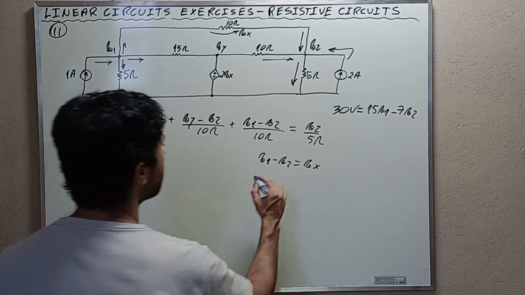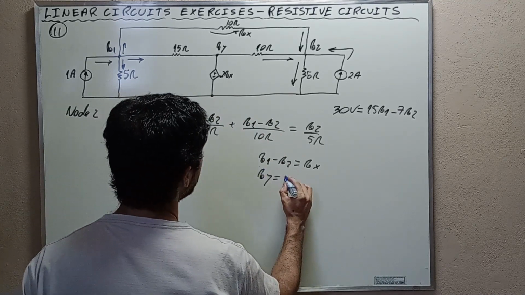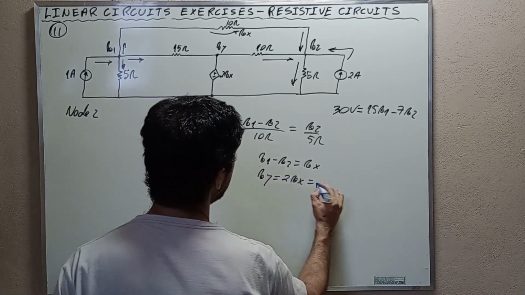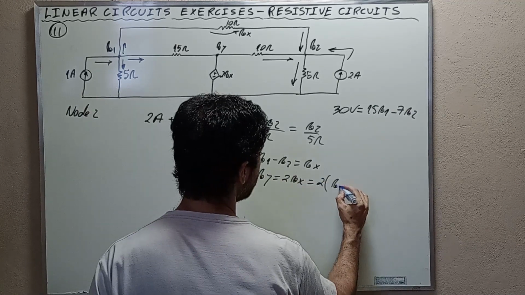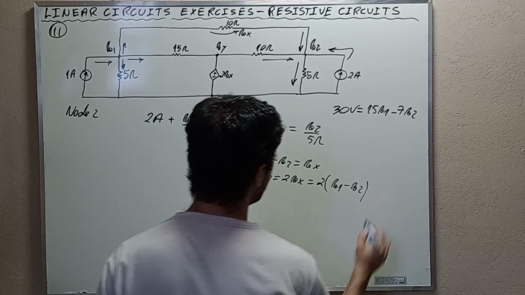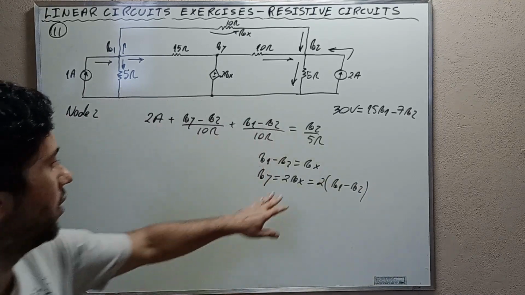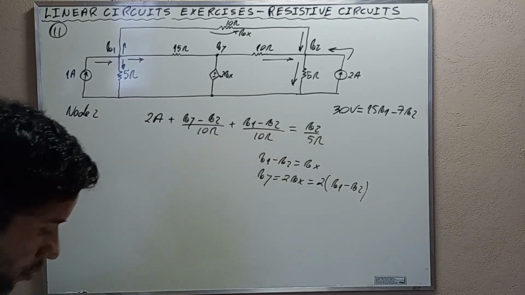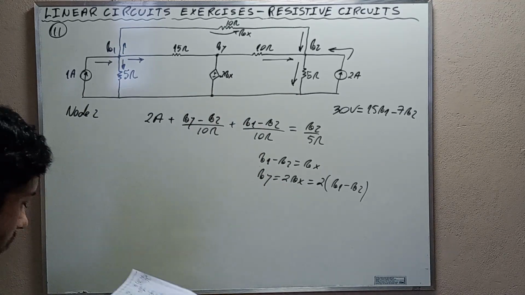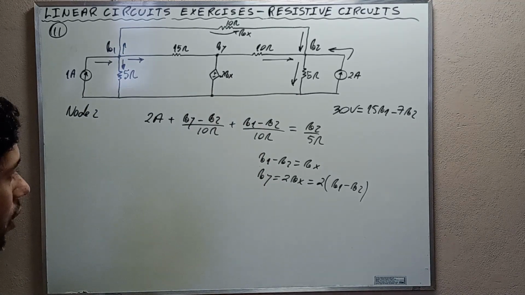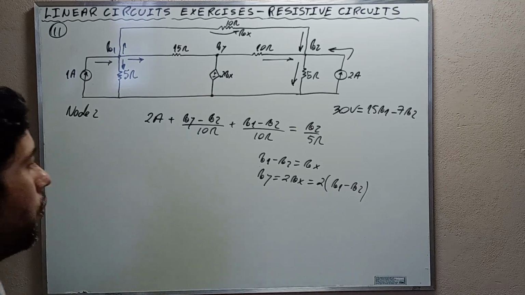Then Vy is equal to 2 times Vx, and 2 times Vx is V1 minus V2. We are going to use this to manipulate the equation, and I invite you to try to manipulate the equation. It's simple mathematics.